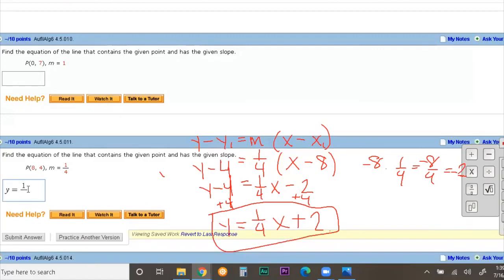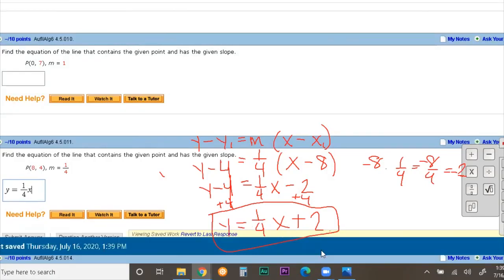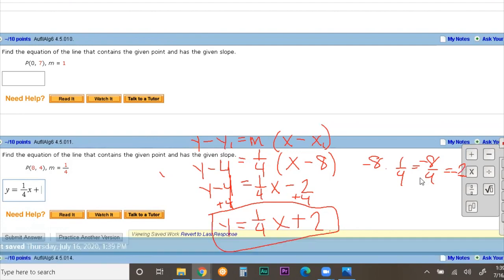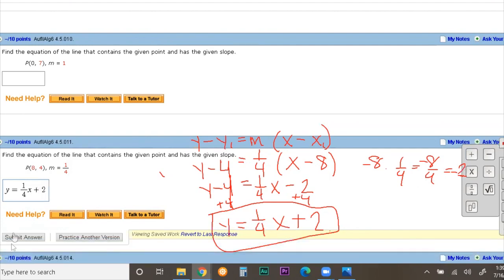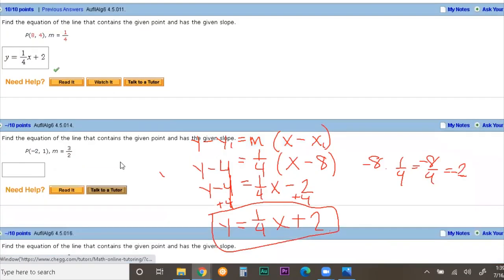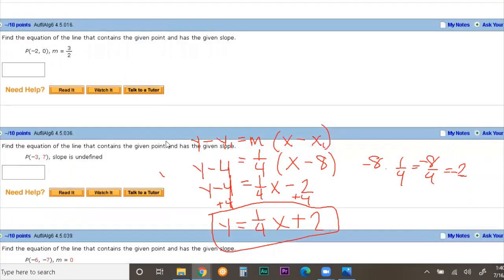I'm going to put an x, and I'm going to do +2 and submit my answer. And that's it. It's perfect. So let's keep looking. That's the same method.